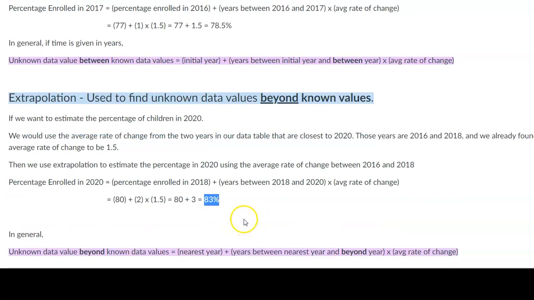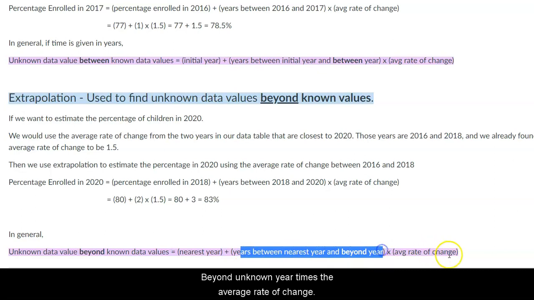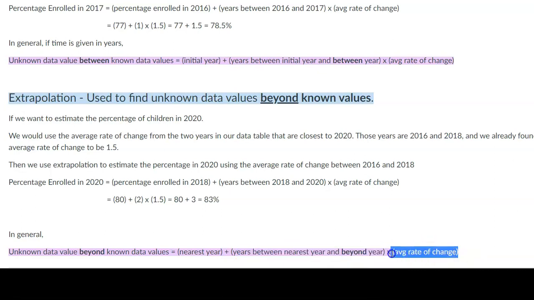So in general, if we're trying to extrapolate and the time is in terms of years, then the unknown data value that's beyond the known data values is the nearest year to the unknown year, plus the years between the nearest year and that beyond unknown year, times the average rate of change.